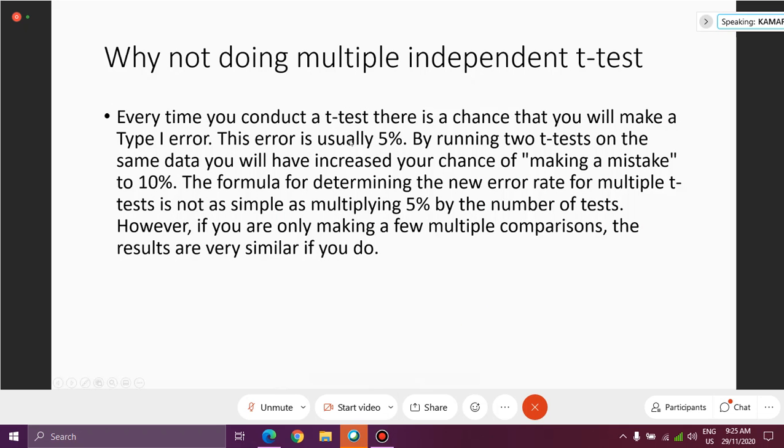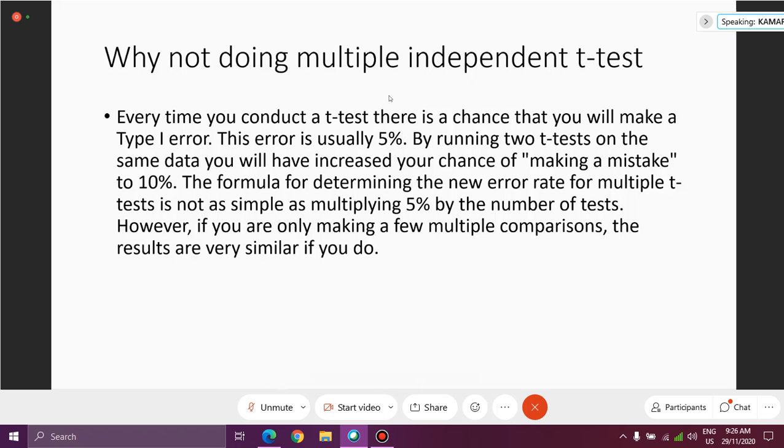And this error is usually set at 5%. So if we run two independent t-tests, if one test is set at 5%, two tests will become 10%. So 5% is the mistake that you don't want to happen.